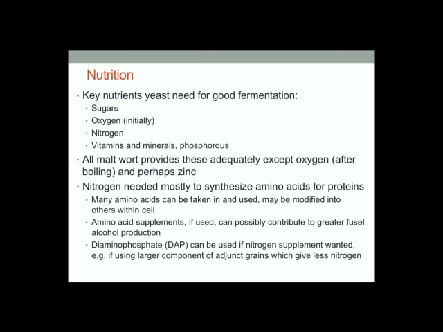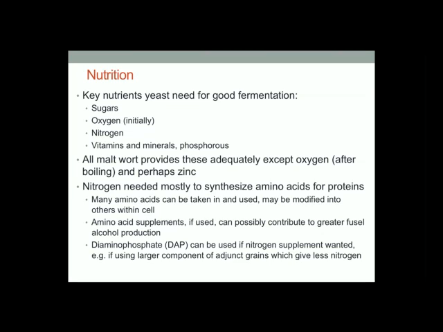Some people may feel the need to supplement additional amino acids, but free amino acids in the wort are a precursor. They're what the fusel alcohols are derived from. Then they can contribute to greater fusel alcohol production. So that's something to be aware of or wary of.